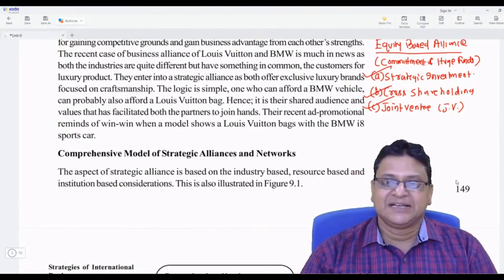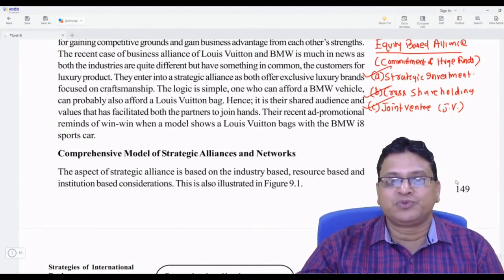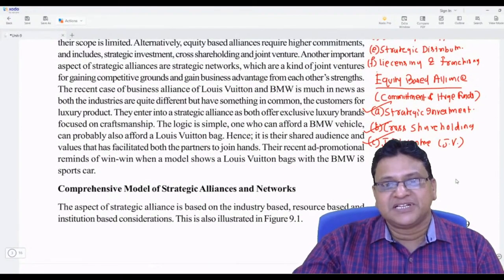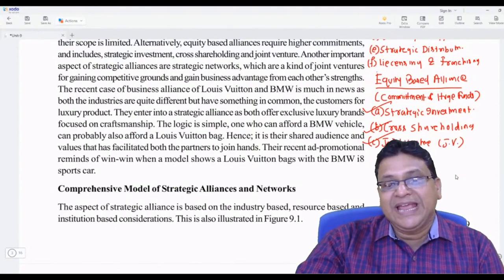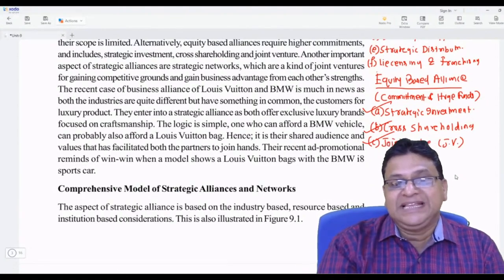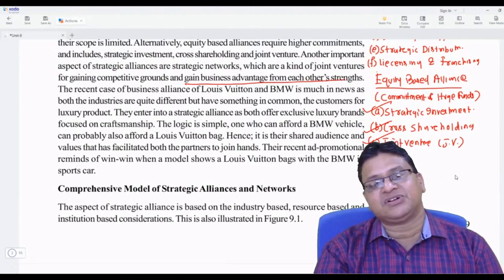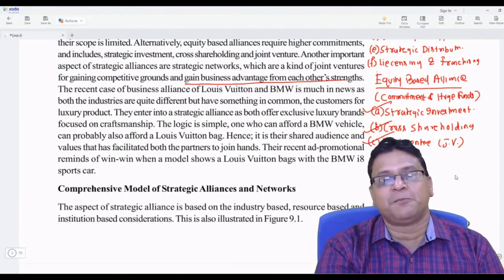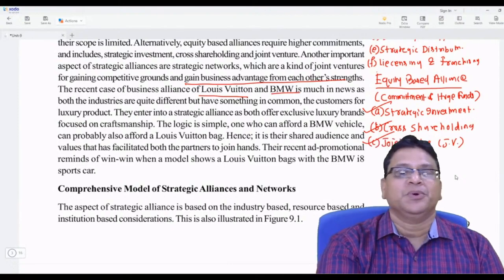Okay. Next, there can be a strategic alliance of two companies. Two companies can have a strategic alliance to gain advantage from each other's strengths. Let's take an example. There is a luxury brand manufacturer, Louis Vuitton, and BMW.